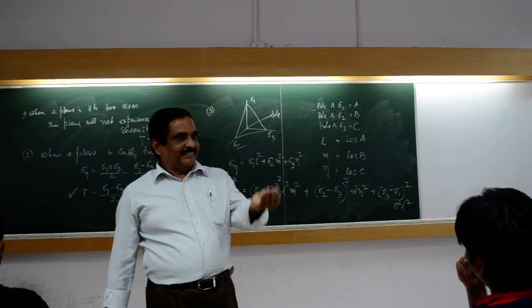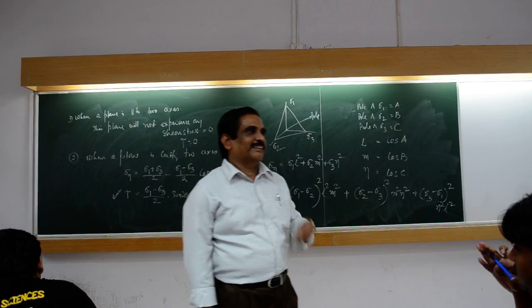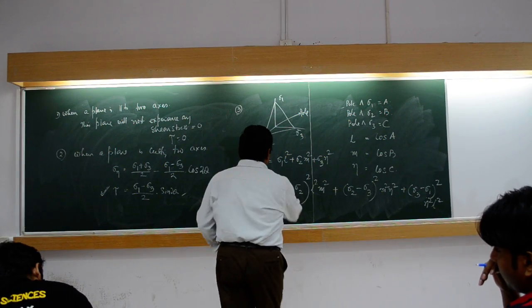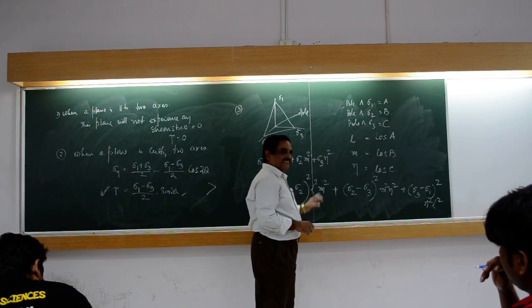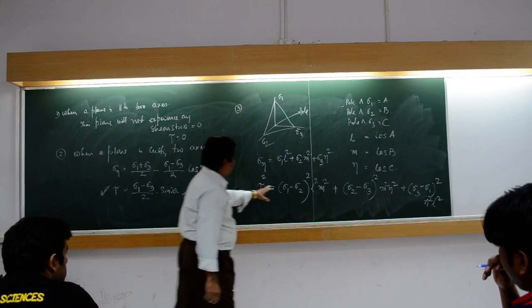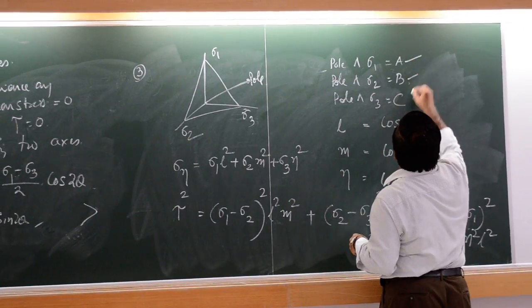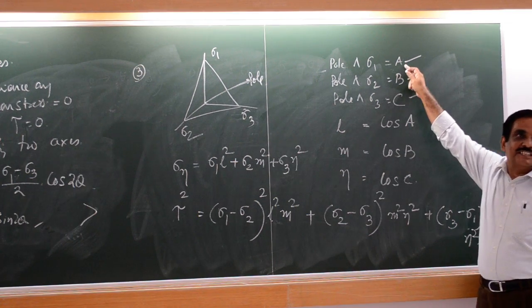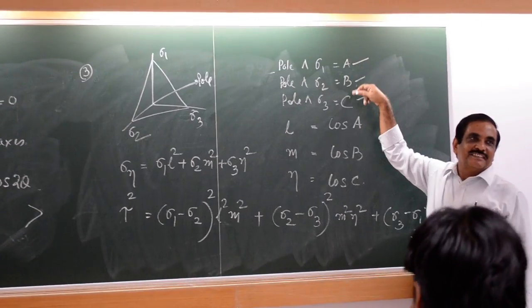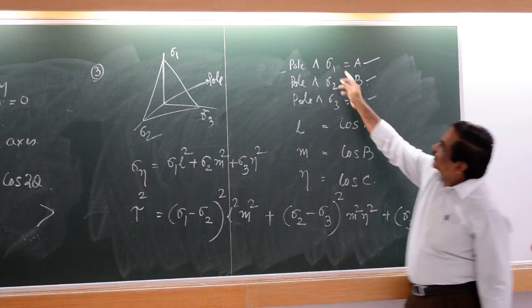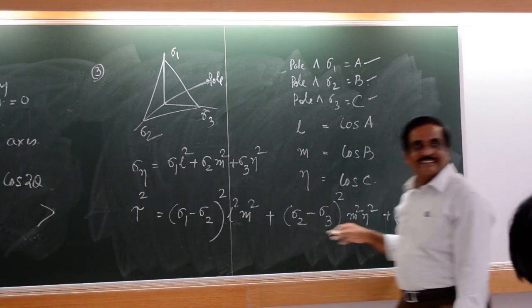You can try taking some values. You can try. Now, this L clearly, ABC. These are the angles, 30 degree, 40 degree, 50 degree. Cos of these values is 1.